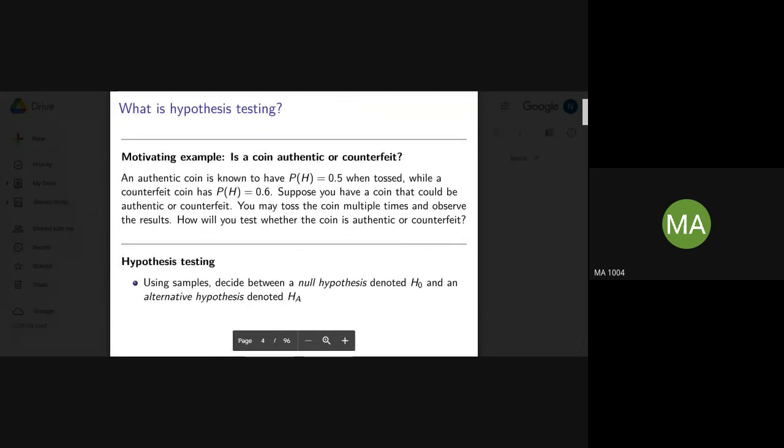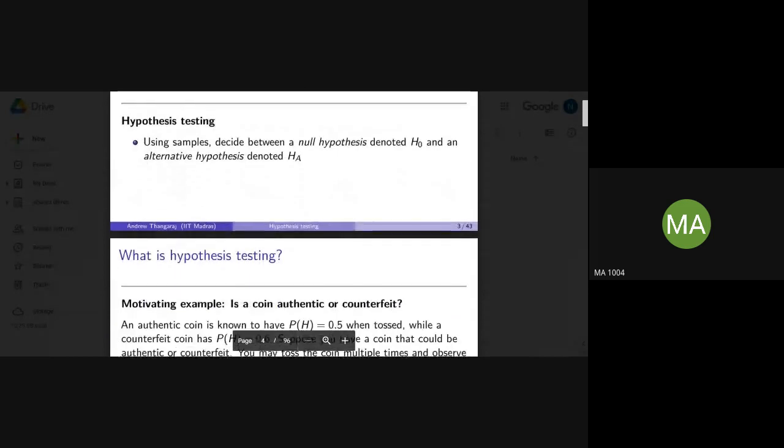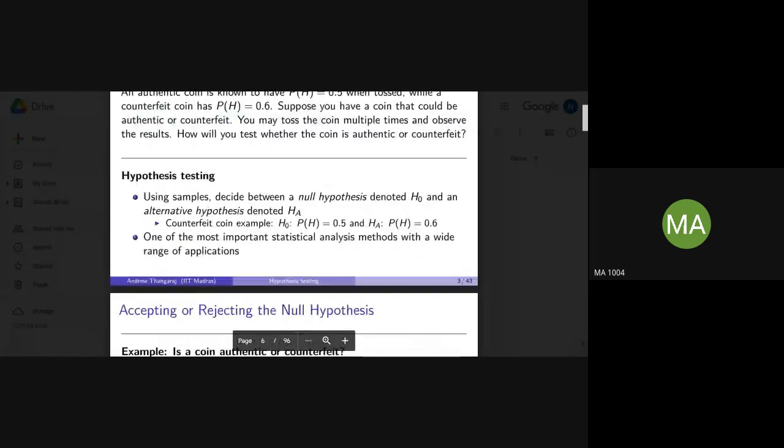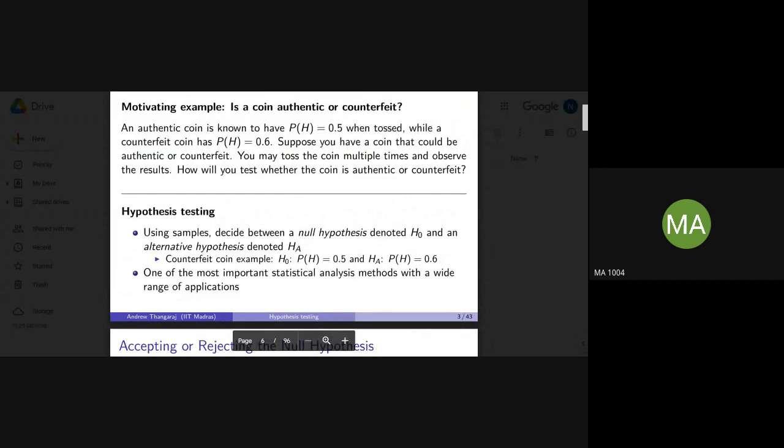So using hypothesis testing, we take two hypotheses. One we say is the null hypothesis and the other is the alternative hypothesis. Whatever we want to test, we say that is the null hypothesis.